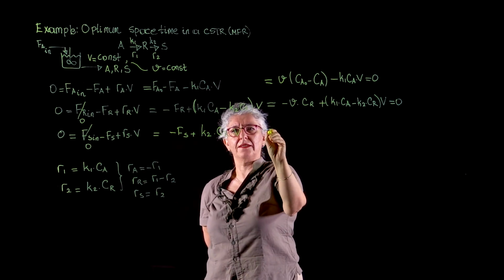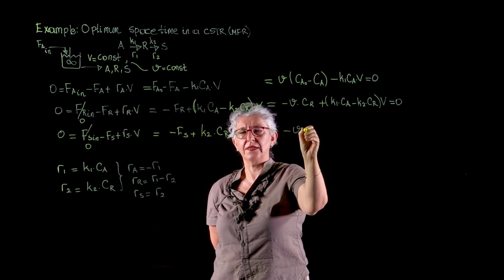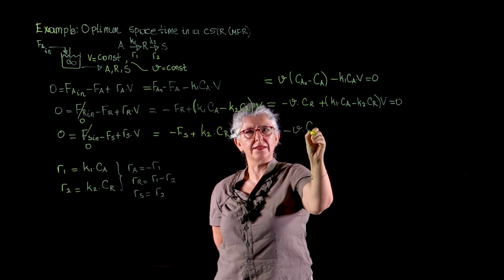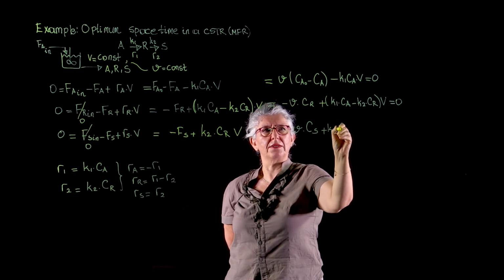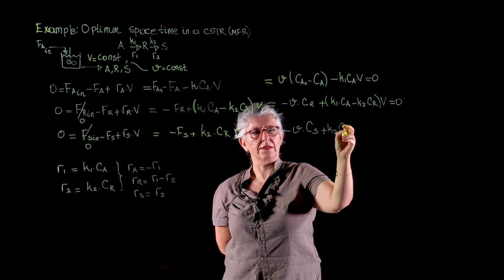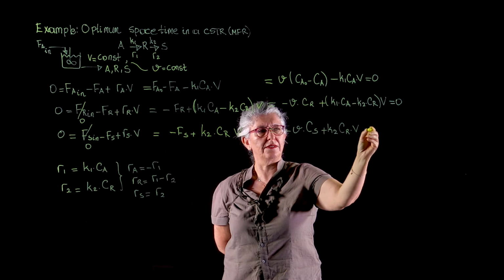And this is minus V times Cs plus K2 Cr times V. This is also 0.